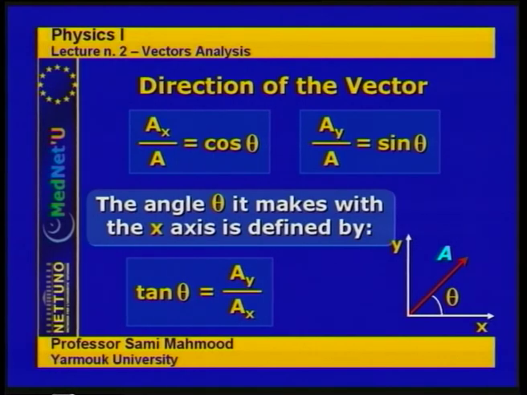And the angle theta is determined by the ratio of the y component to the x component of the vector. So in that sense, if we know the components of a vector, we can determine the angle that it makes with the x-axis, and we can determine its magnitude.